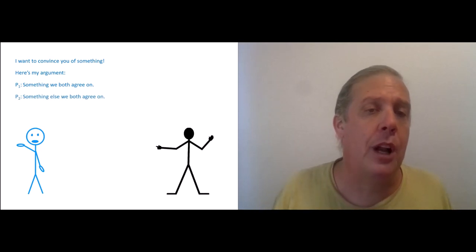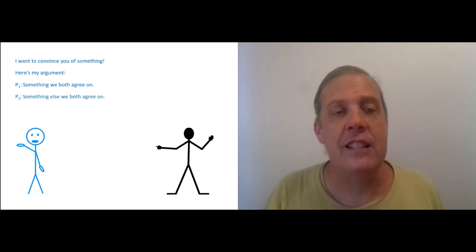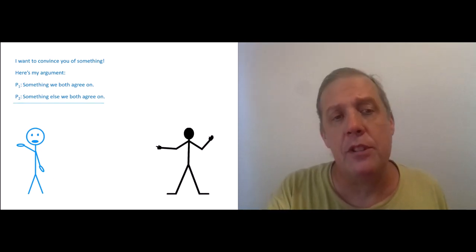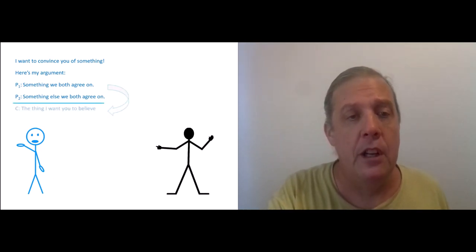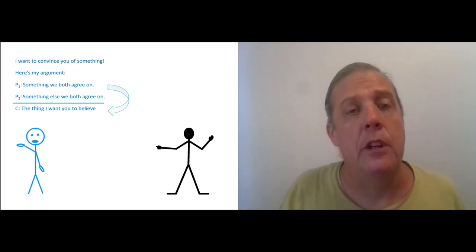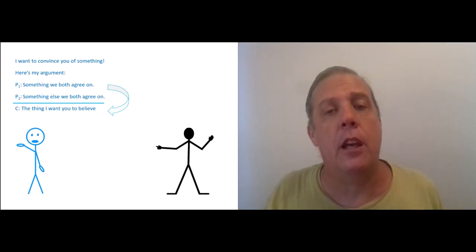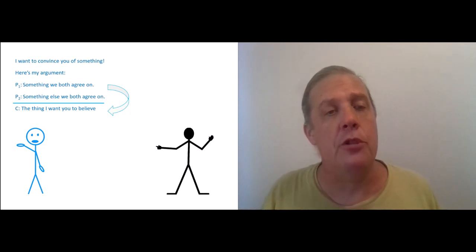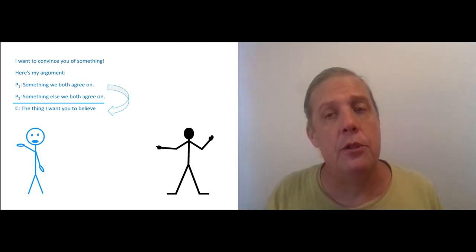And he's got another premise that he thinks they'll both agree on. And he says, well, if you believe those two premises, you really ought to believe this conclusion, which is a thing that I want you to believe.